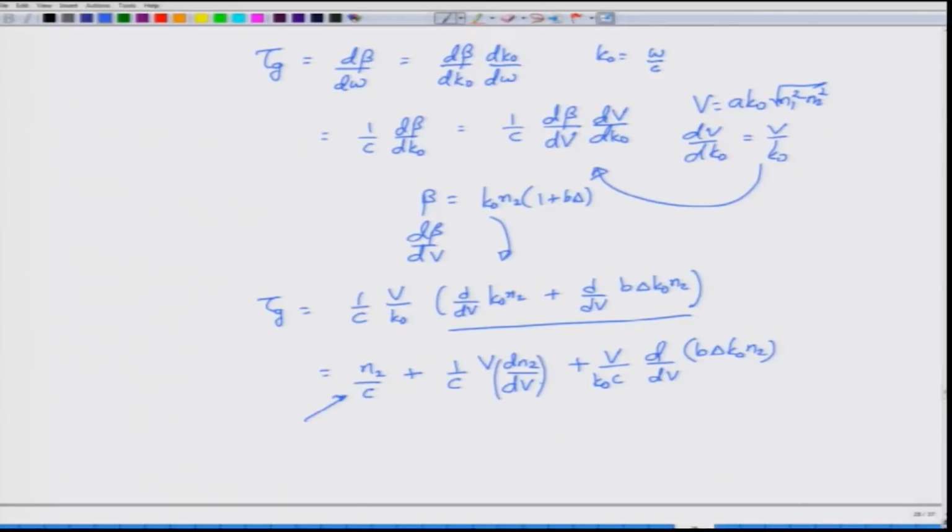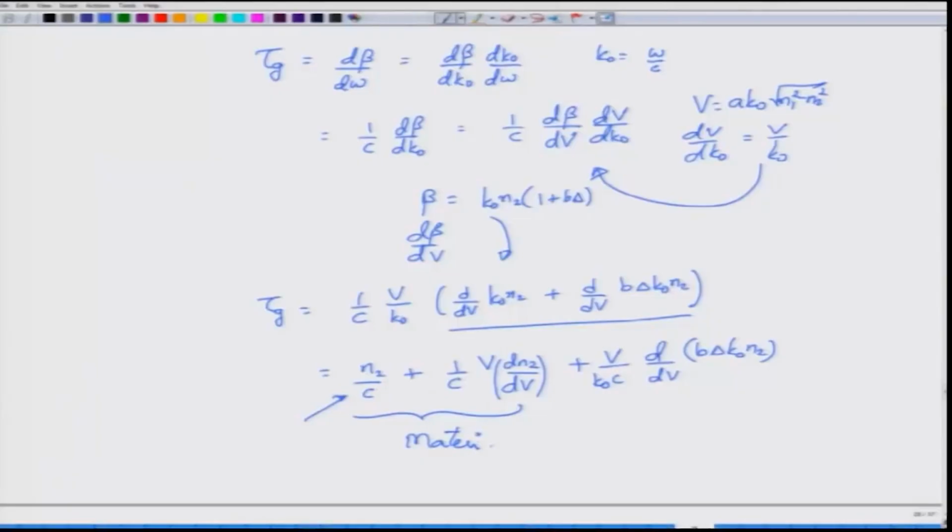What does that mean? V is the frequency, and when you are looking at the derivative of n2 with respect to frequency, this would mean that the material property of the fiber, the cladding material n2 itself, is dependent on the frequency. So, n2 is not the same for all frequencies, but n2 changes. Of course, it changes for frequency, meaning it is also different for different modes. Okay.